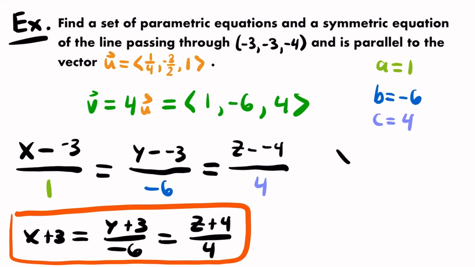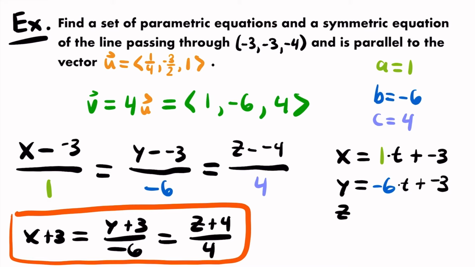Remember that the x equation will be x is equal to a times the parameter t plus x1. So we're going to have 1 times t, and then we're adding the x coordinate, which is -3. And then the y equation will be b times the parameter t. So I'll write -6 times t, and then we add the y coordinate from our point, which is -3.